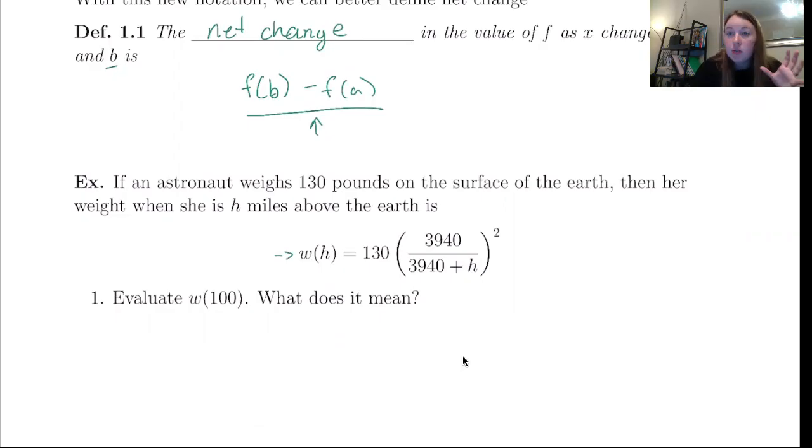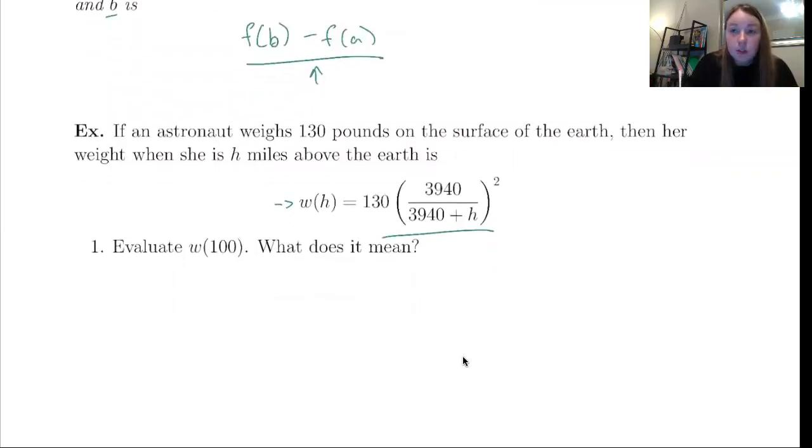W is my function, h is my input, and this is my output. In this example we don't have f and x; we have W for weight, which depends on my height above the Earth, h, in miles. This is just due to gravitational pull.